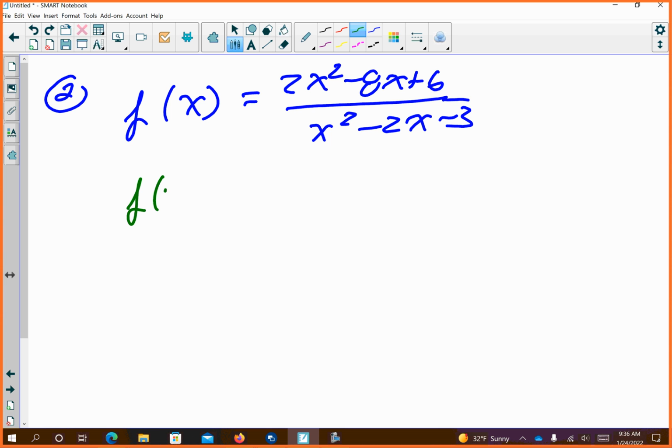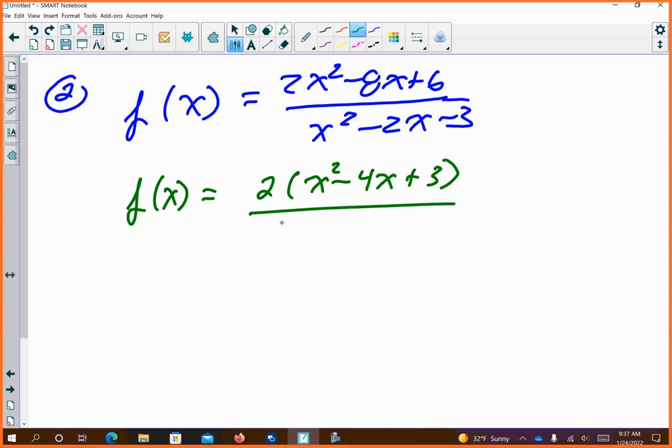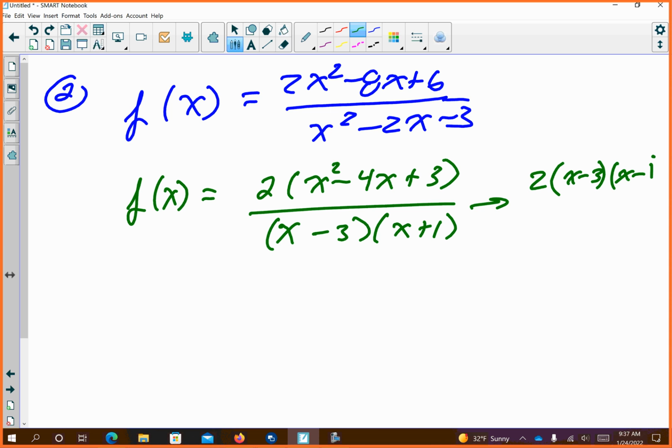So the factored version of the top is going to be, and then I bet we could factor the bottom, and I bet we could factor that a little bit further on top. That's going to be x minus 3 and x minus 1. And on bottom we have x minus 3, x plus 1.